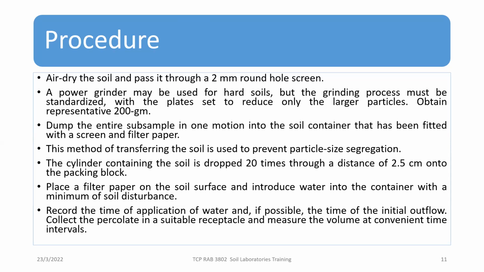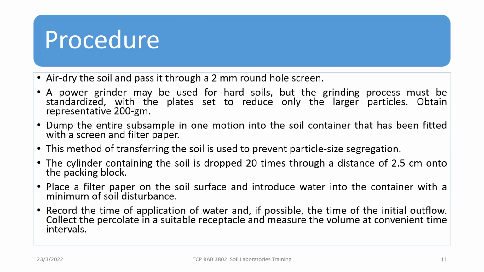And this can be done by tapping the cylinder containing the soil, dropping it 20 times through a distance of 2 centimeters. Place a filter paper on the soil surface and introduce water into the container with a minimum of soil disturbance. Then record the time of application of water and, if possible, the time of initial outflow.